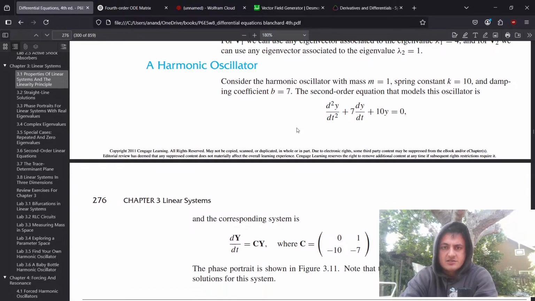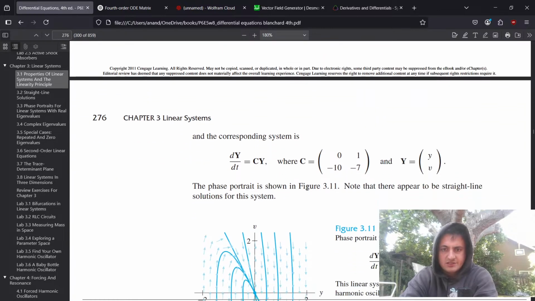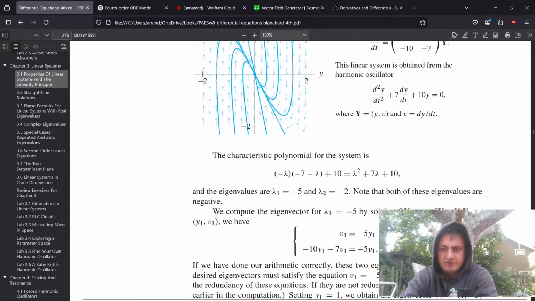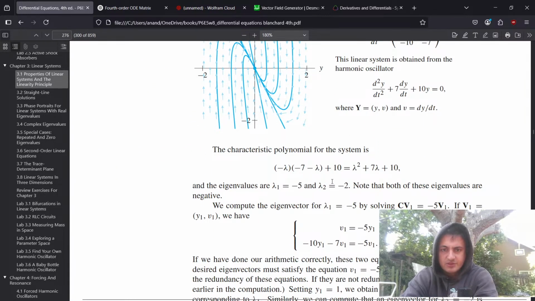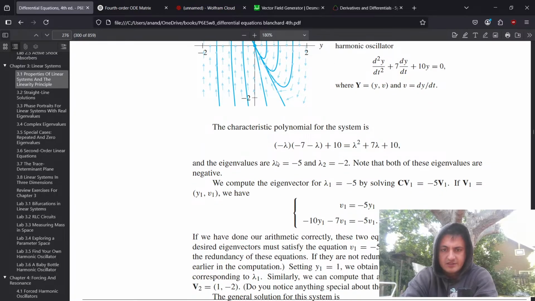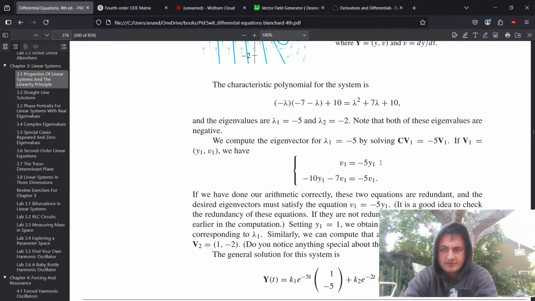All right, harmonic oscillator. Consider the harmonic oscillator with mass 1, spring constant 10, and damping coefficient 7. Okay, so then we get this system, and then we can solve it, and they find the characteristic polynomial, then they find the eigenvalues, then they get the eigenvectors.